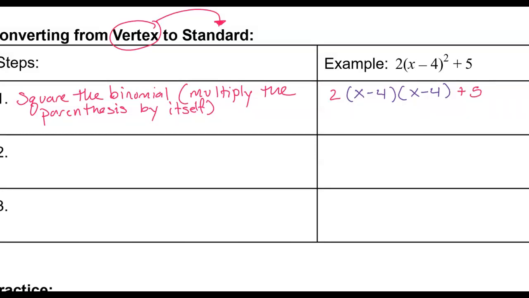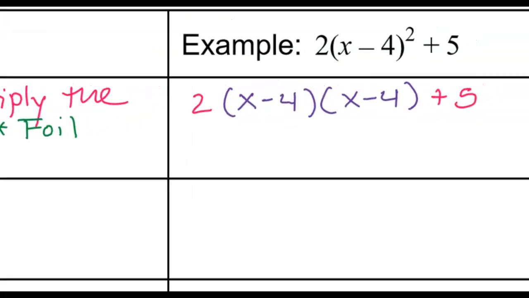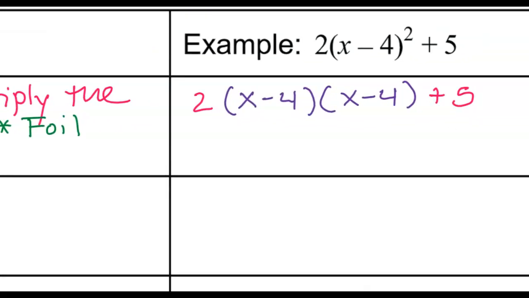How do I go about multiplying binomials? A binomial is just something that has 2 terms. How do I multiply these together? FOIL, yes, double distribute. So we take that first term, the x, and multiply it by everything in the second set of parentheses.